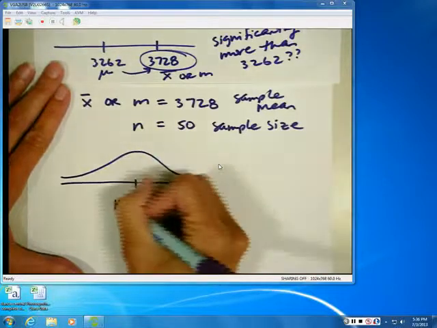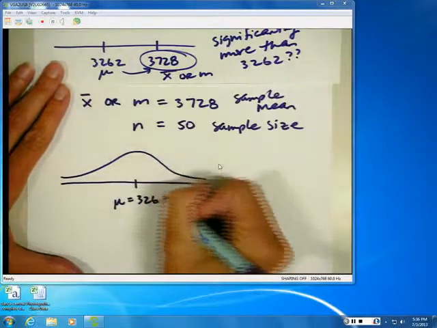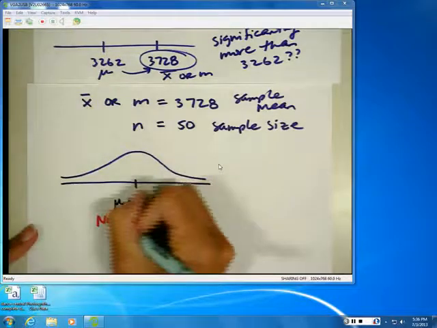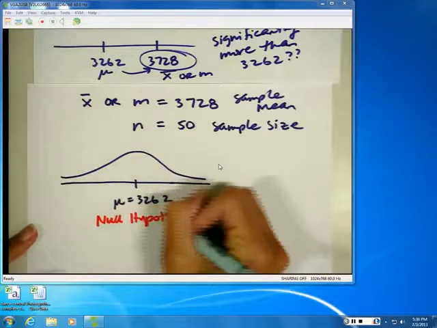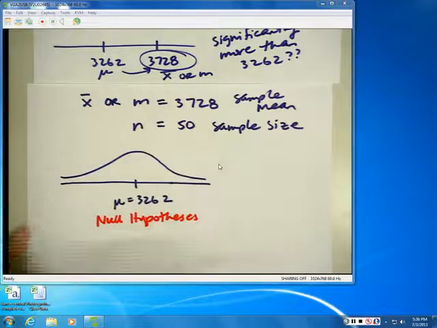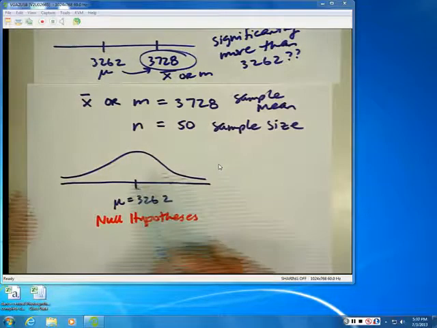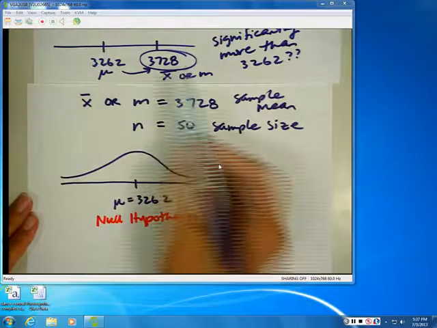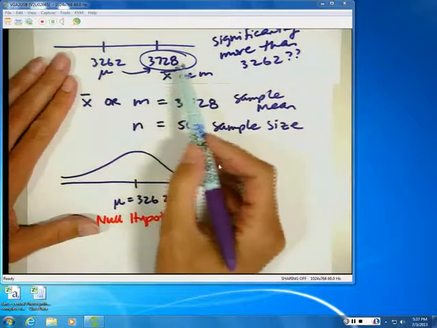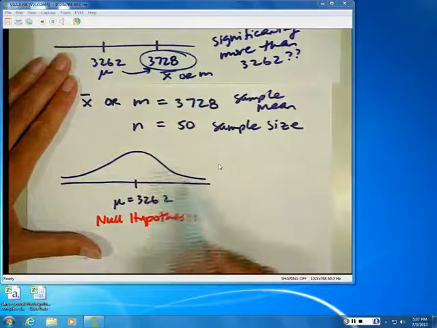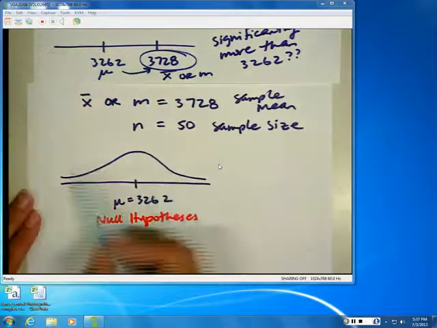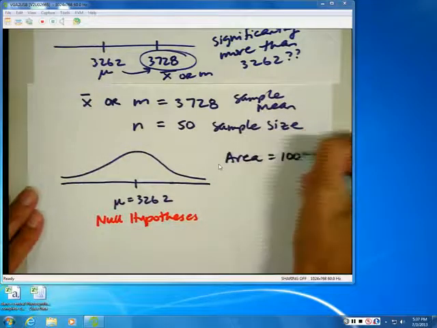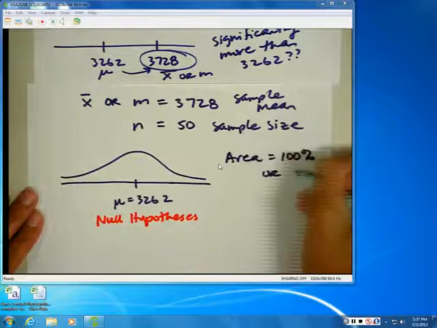So mu, which is 3262, from the null hypothesis, always, so that number from the null hypothesis always goes in the center of the normal curve. So mu is 3262. And I know that 3728 is over here somewhere, but I want to know if it's significant. Remember that this total area is equal to 100% or 1.